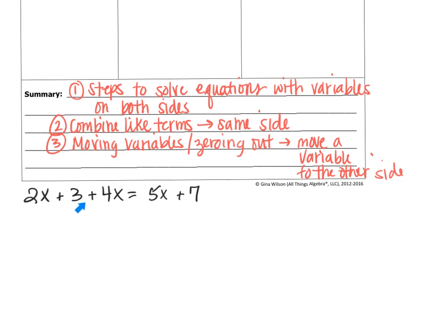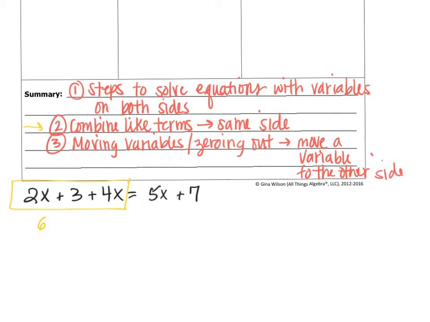A very common mistake, so be careful, a very common mistake that students make with these kinds of equations is they think that zeroing out happens on the same side. That is incorrect. That is very, very incorrect. Keep in mind that if you're operating on the same side, you are combining like terms.